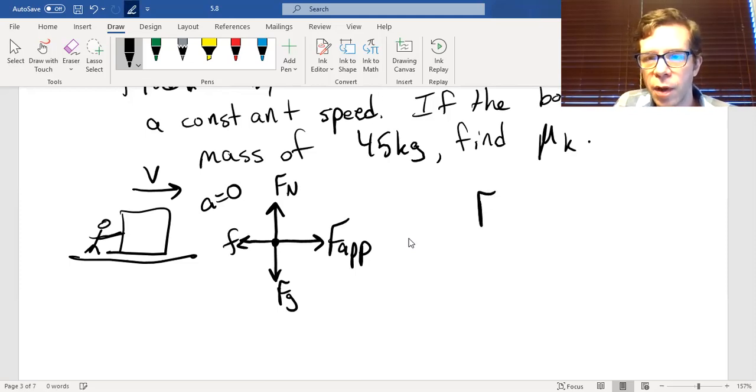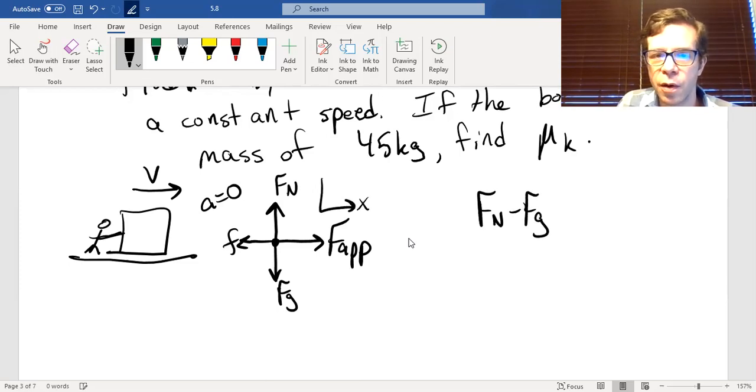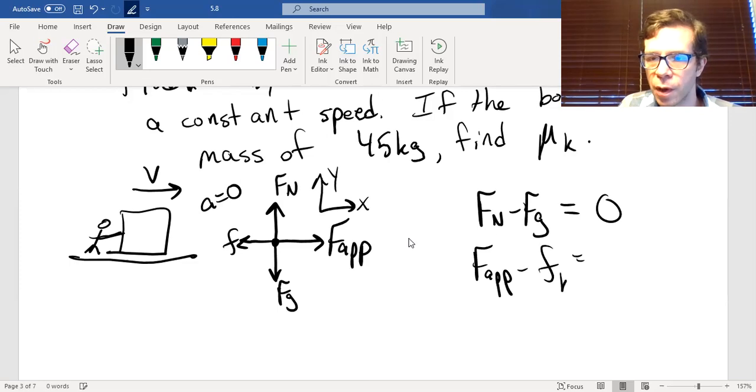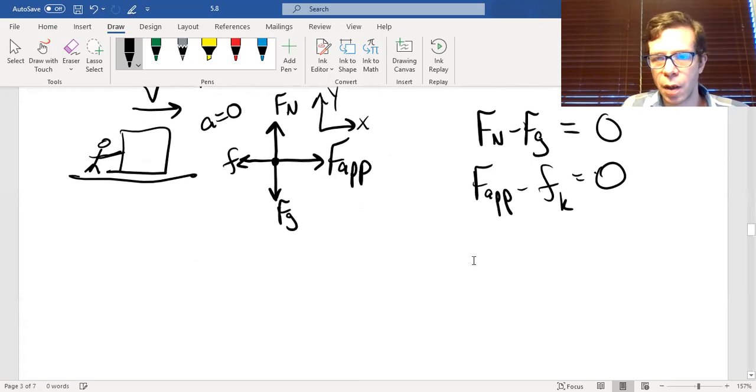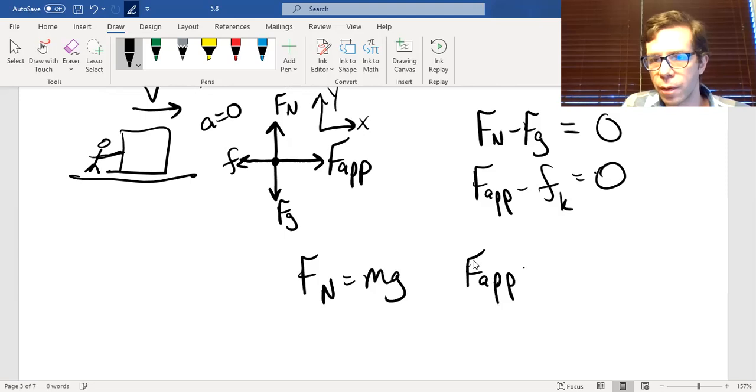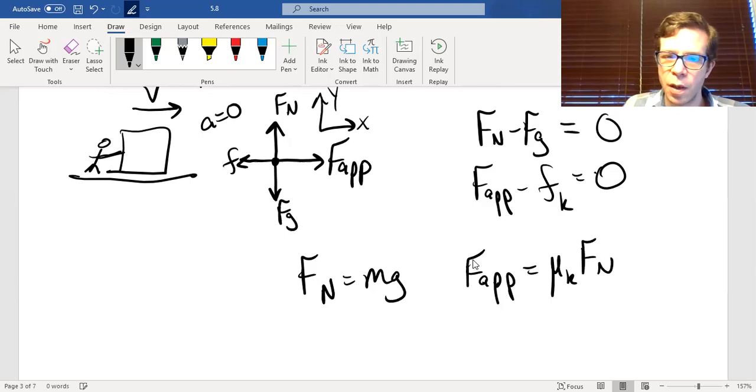All right, so we have that the normal force minus the gravity. Since all of these are just in component directions, I'm just going to go straight to the equations. Normal force minus the gravity equals 0. And the applied force minus the frictional force, kinetic, equals 0. So plugging in, the normal force is equal to mg, and the applied force is equal to mu times Fn.